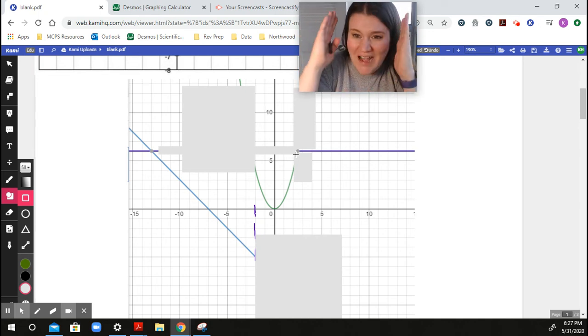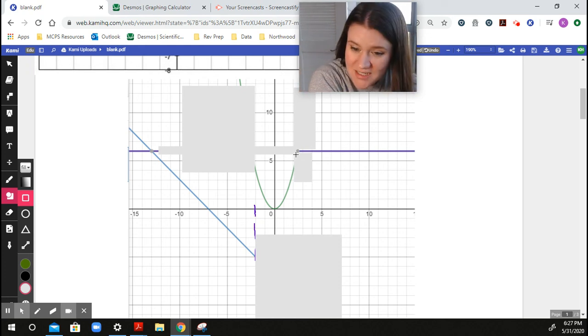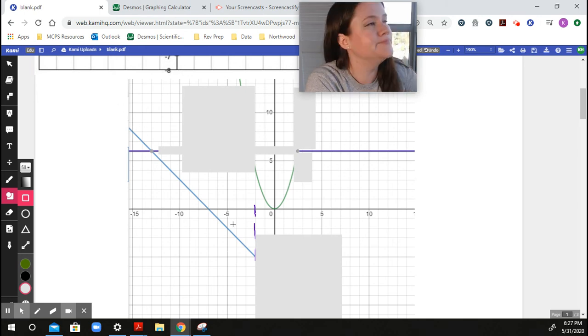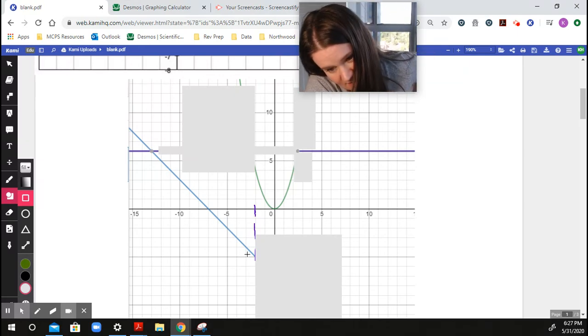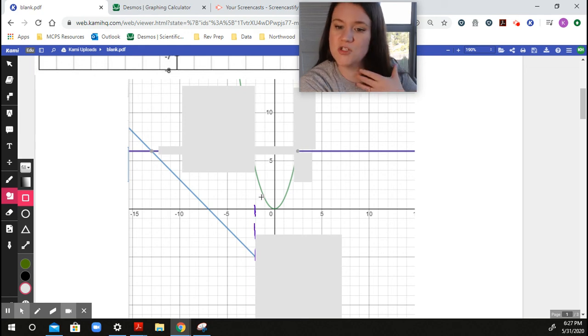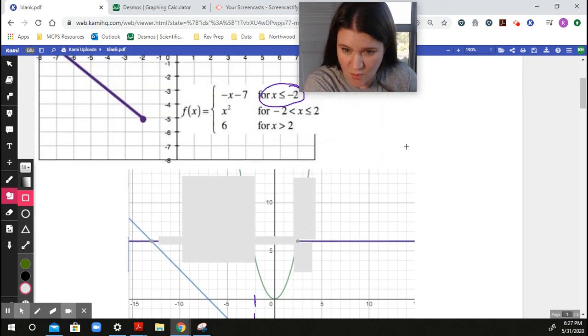I'm just showing you that we're literally cutting them into pieces. That's piecewise, right? I'm cutting into pieces. So this graph exists over here, right? This linear function here, negative x minus 11. This is my quadratic. This exists before -2, between -2 and 2, and after 2, okay? And that's what that's showing us.